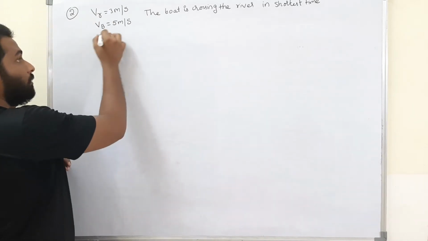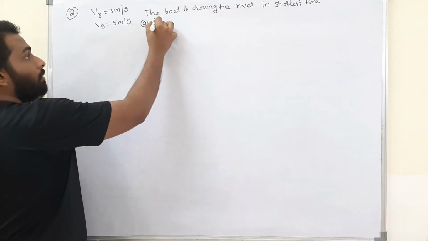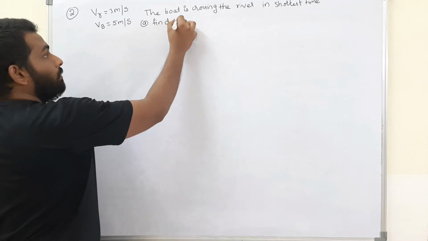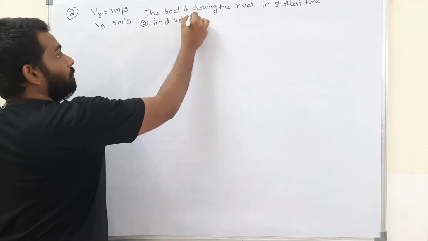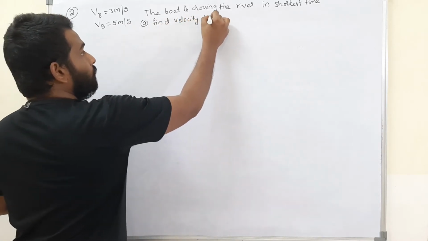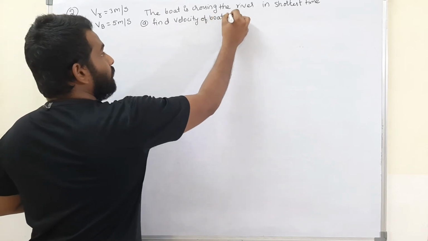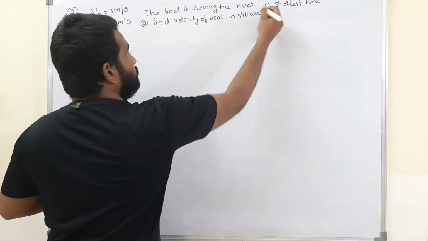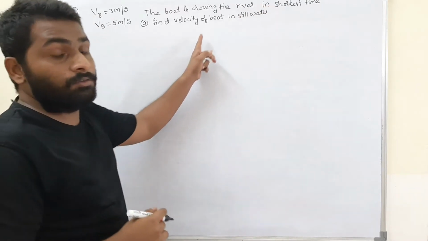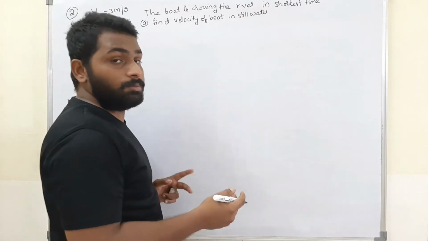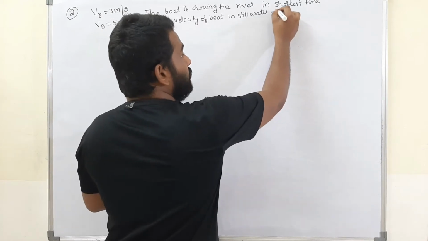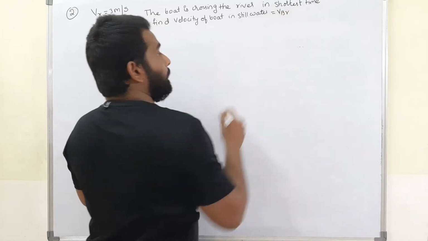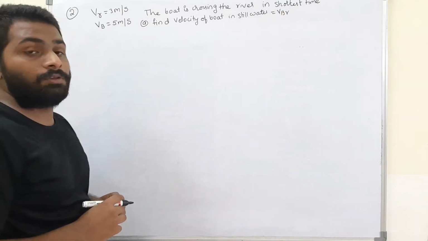Now, first point, we are told to find the velocity of boat in still water. What is the meaning of still water? That is nothing but VBR.